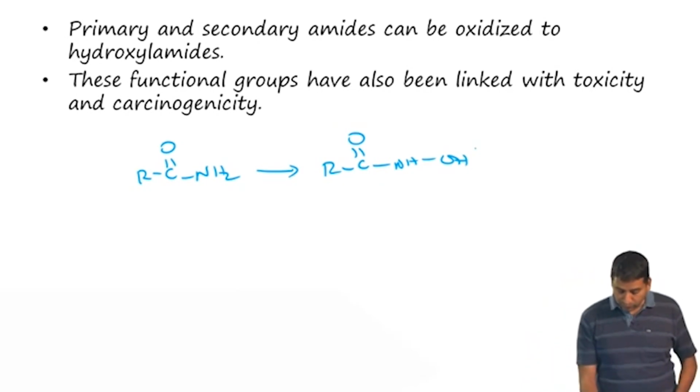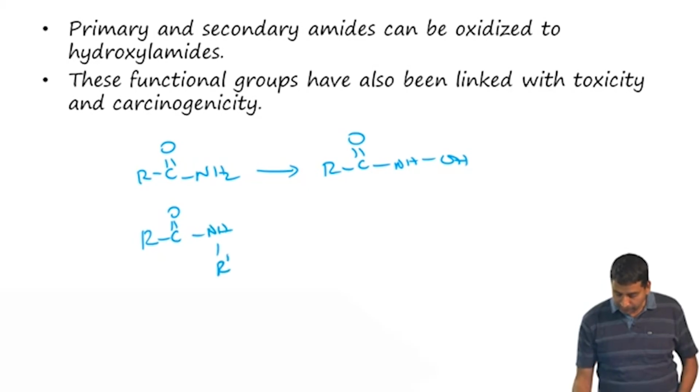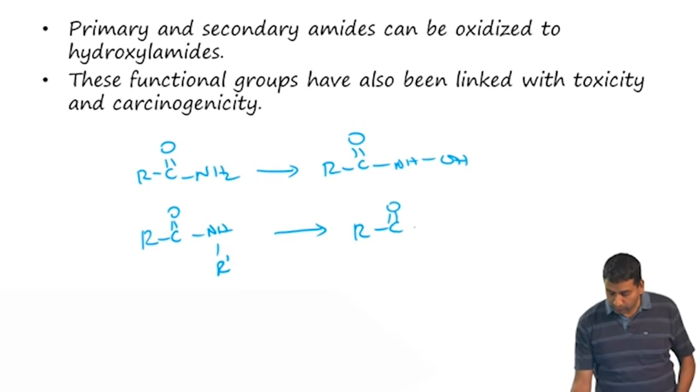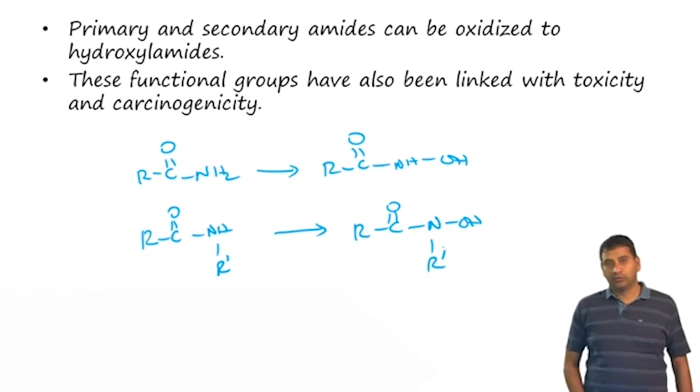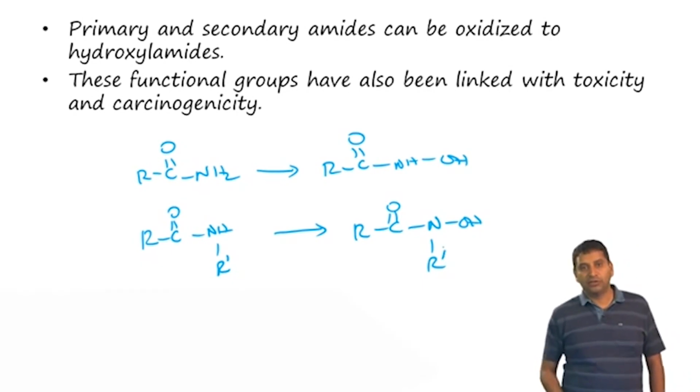Okay. You can also have secondary amides R C double bond O NH R prime, which can then undergo oxidation to give you R C double bond O N OH, and this R prime is intact, right. So, this is also possible, and so this is something to keep in mind if you are going to have an amide as a functional group in your drug.